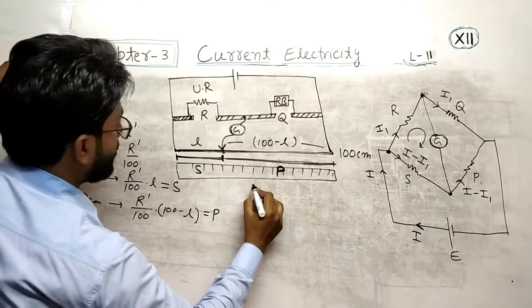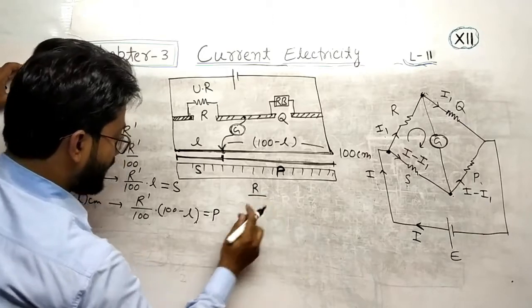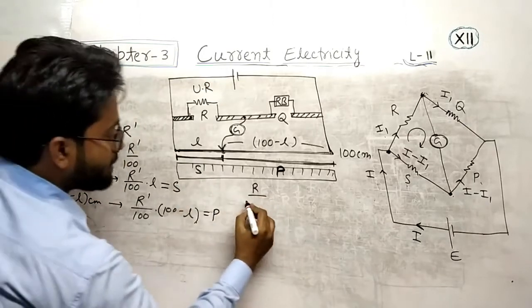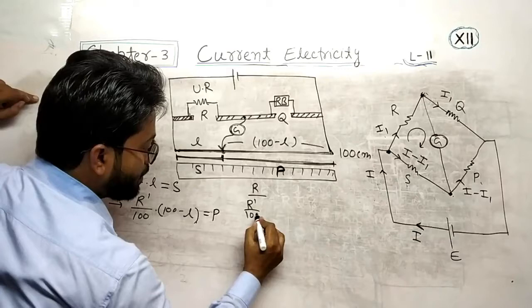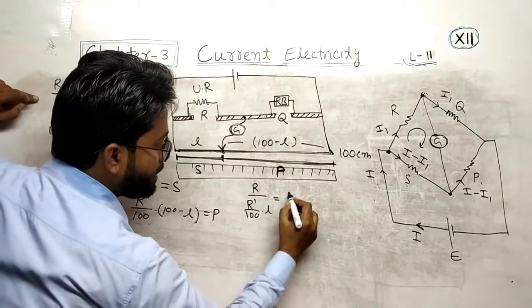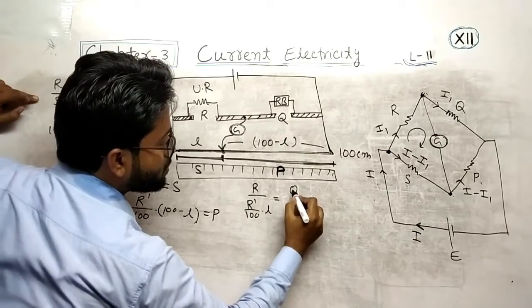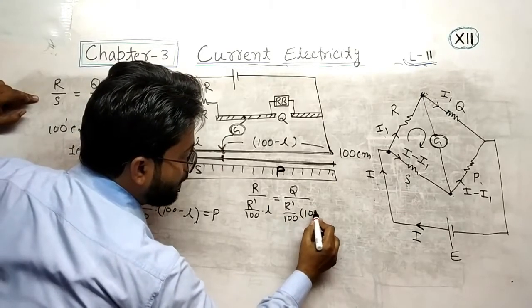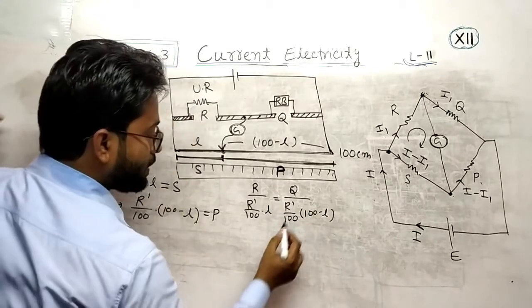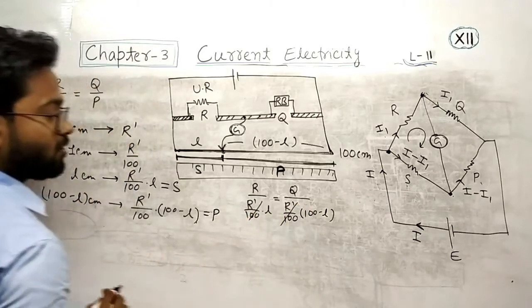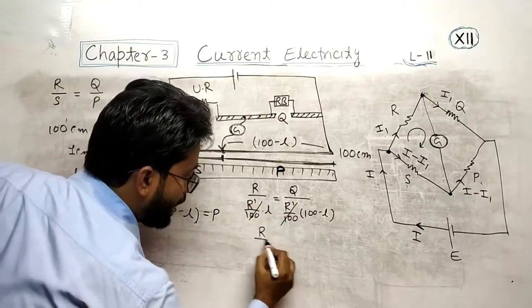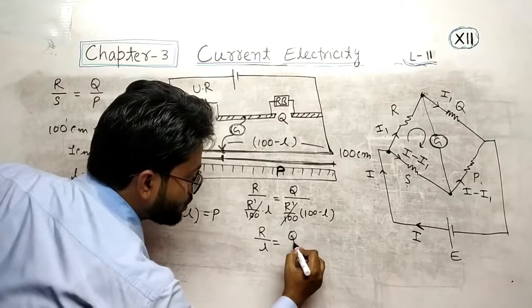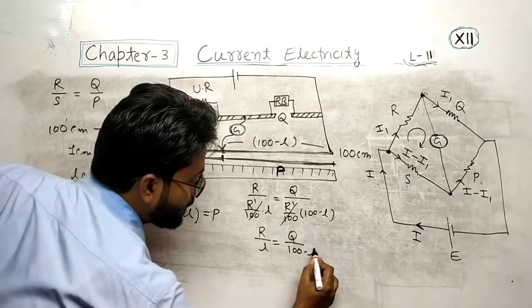R upon R dash upon 100 times L is equal to Q upon R dash upon 100 times 100 minus L. R dash upon 100 cancels out. R upon L is equal to Q upon 100 minus L.